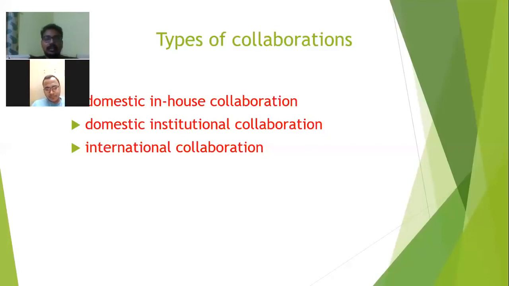There are a number of platforms now, and I can give you the exact names later, where you can both write the article at the same time. There are certain platforms like Authorea, where you can write the article and he is also writing some other part of the article at the same time.